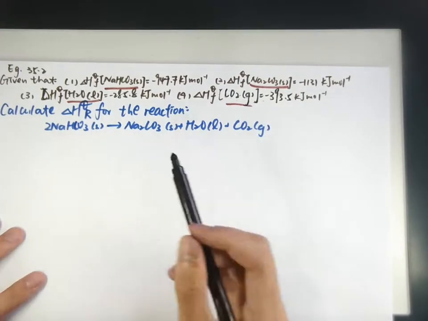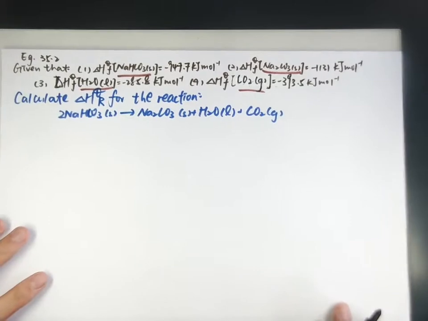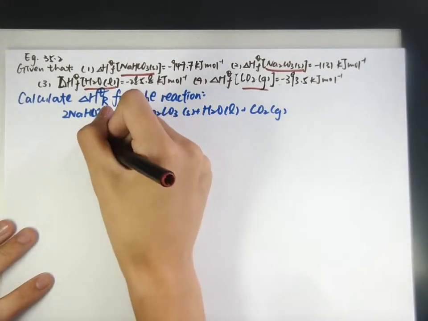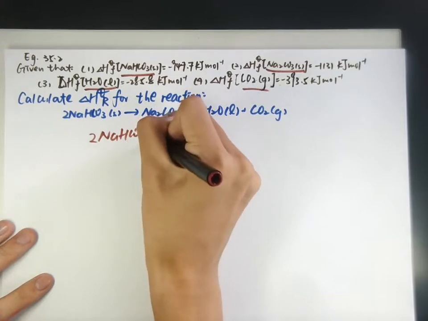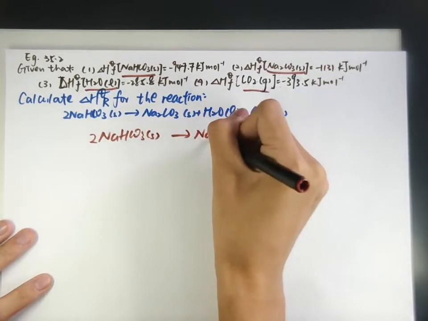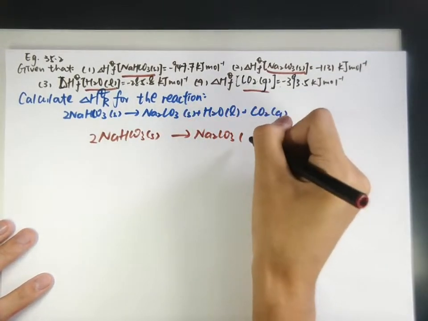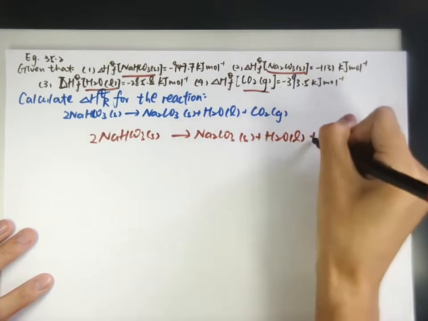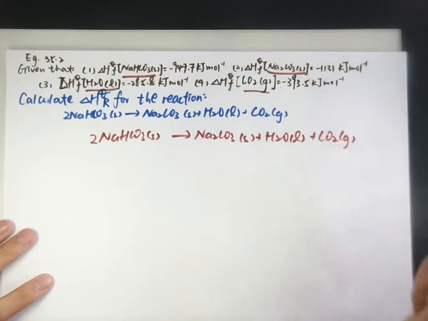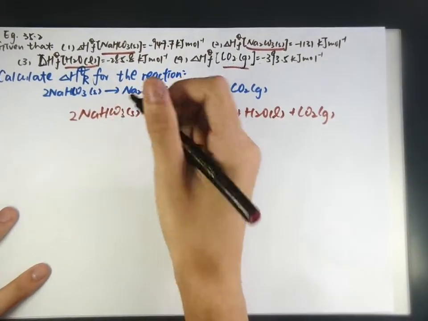So how can we calculate it? First we copy the equation. NaHCO3(s) becomes Na2CO3(s) with H2O(l) and CO2(g). So let's balance this side first.